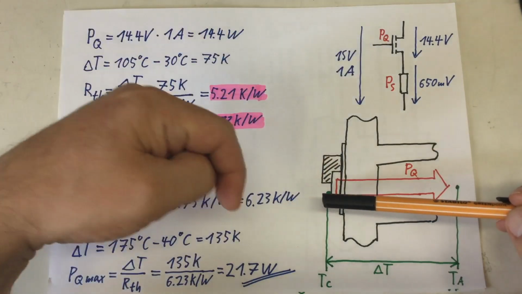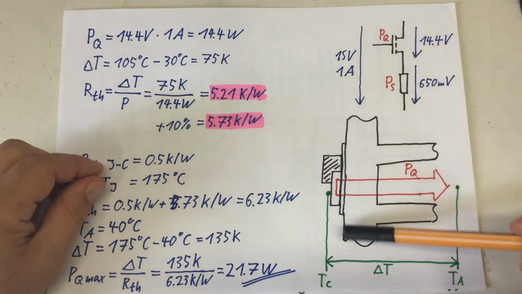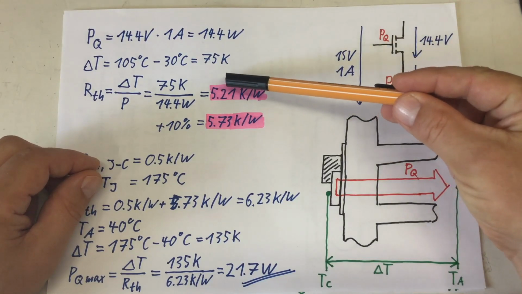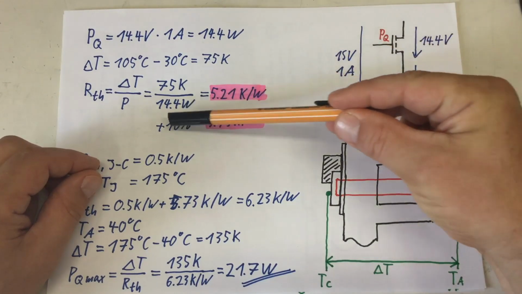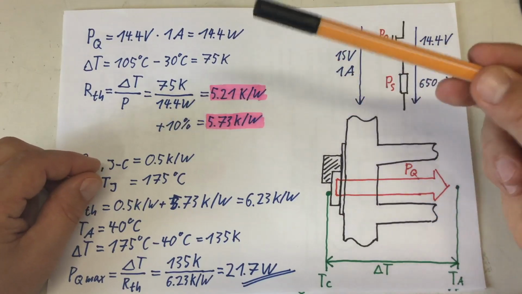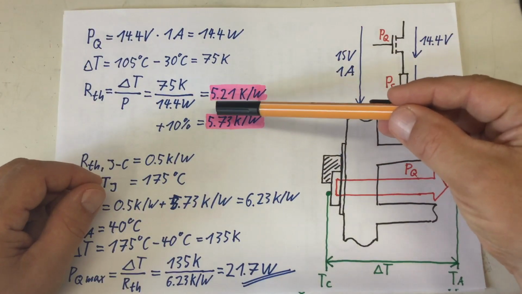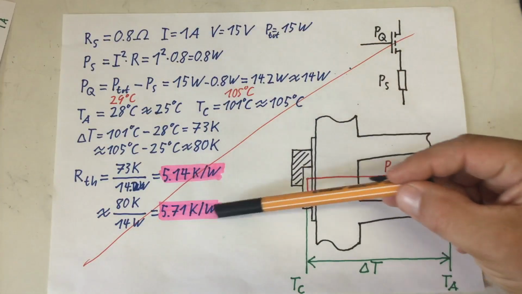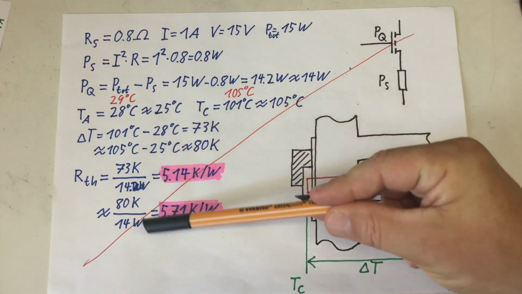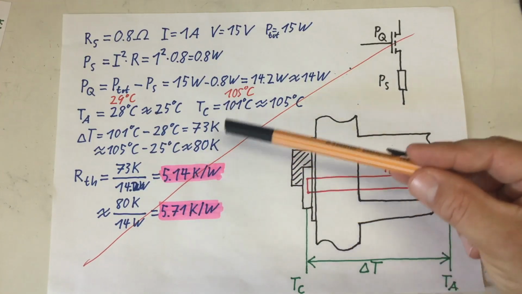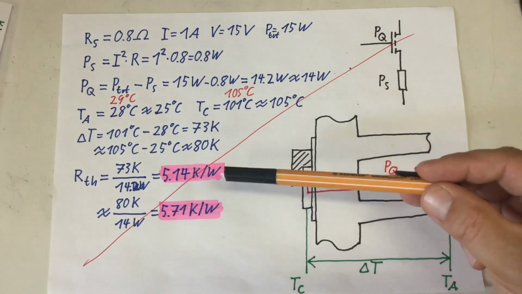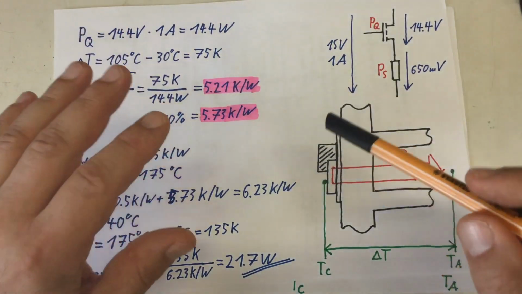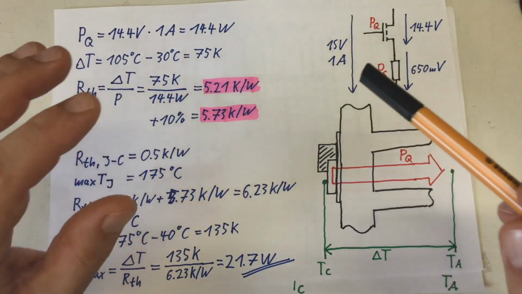Basically the combination of heatsink and thermal pad, I measured 5.21 Kelvin per watt, and with 10% for measurement errors, 5.73 Kelvin per watt. I repeated that measurement and came to similar values, a few hundredths Kelvin per watt off, and then I stopped right there.